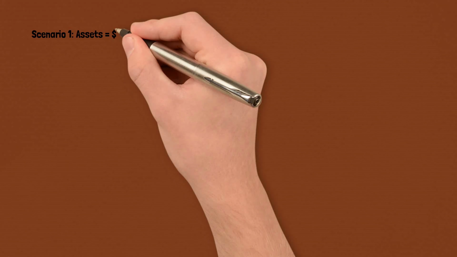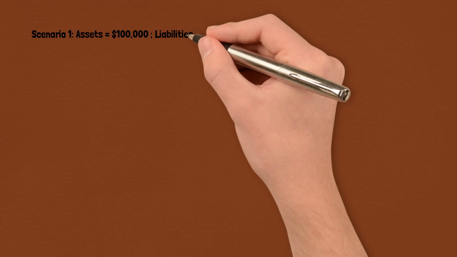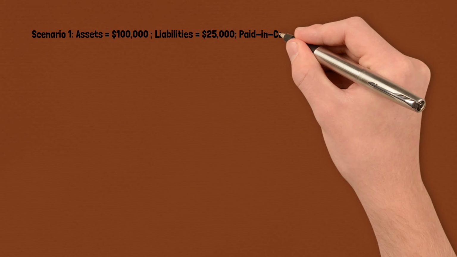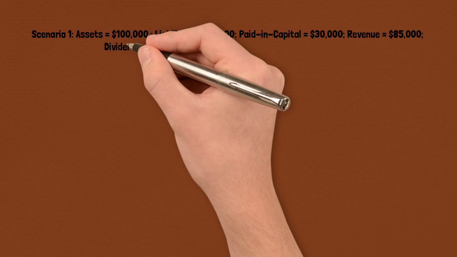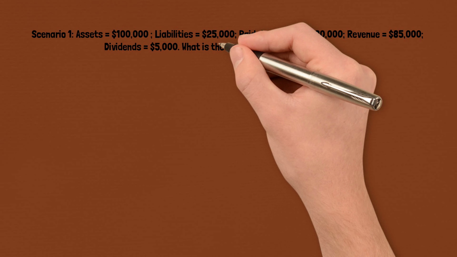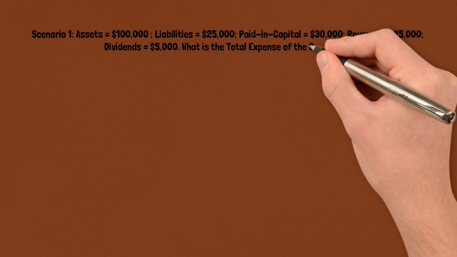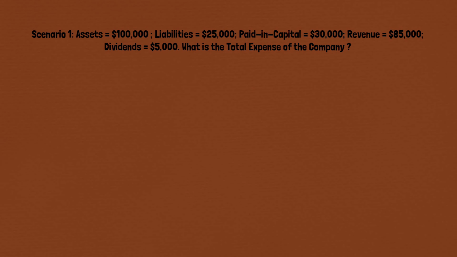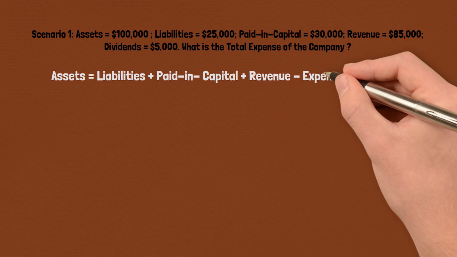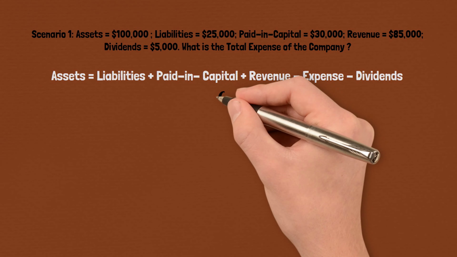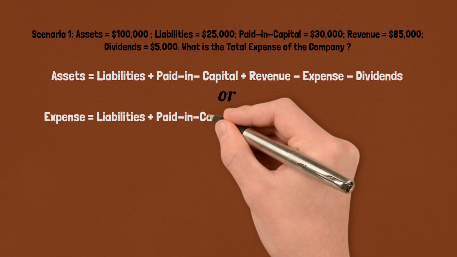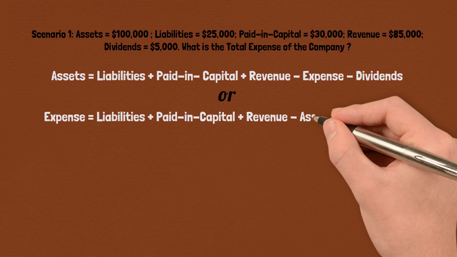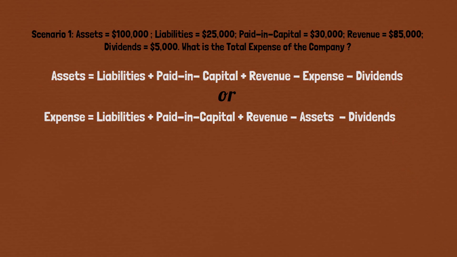Let's work on some examples. Let's say in scenario 1 we have assets worth $100,000, liabilities $25,000, paid in capital $30,000, revenue $85,000, dividends $5,000. Then what is the total expense of the company? We are simply going to take the expanded accounting equation and rearrange it. Now the equation would be expense is equal to liabilities plus paid in capital plus revenue minus assets minus dividends.